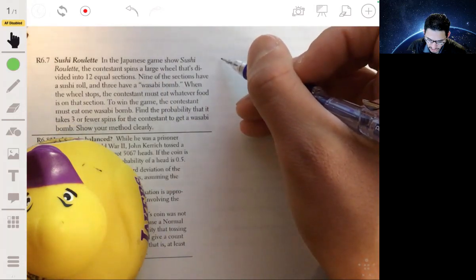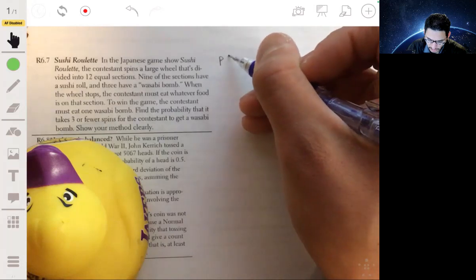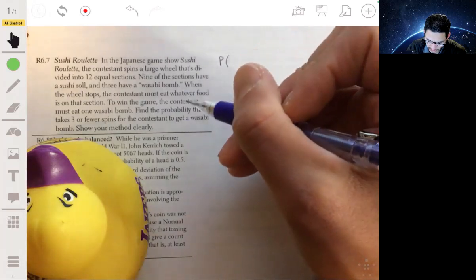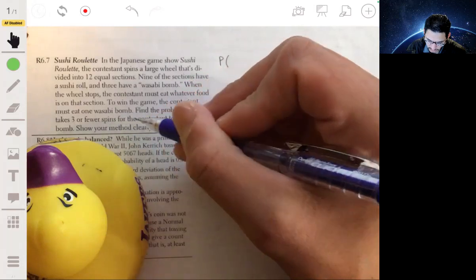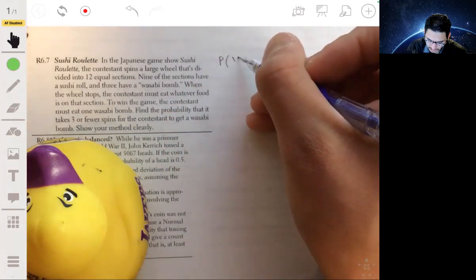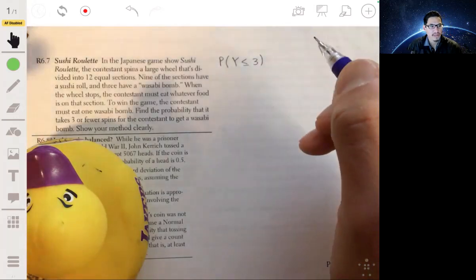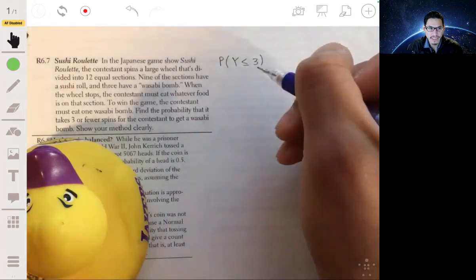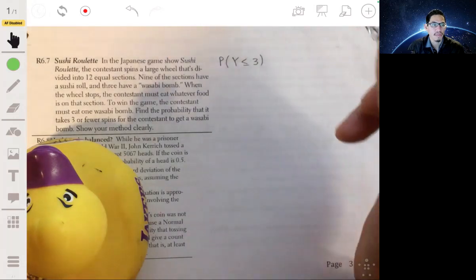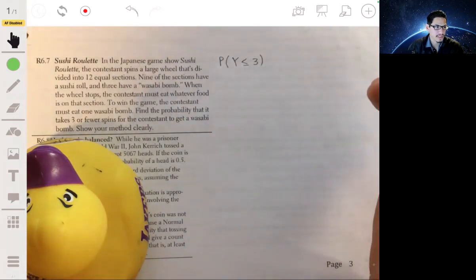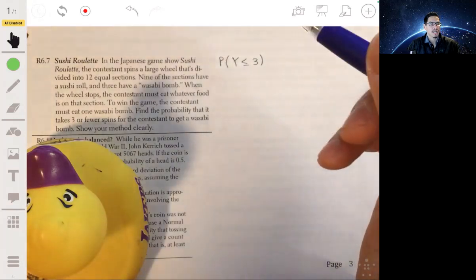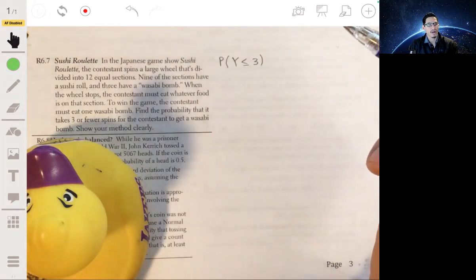Okay, so essentially you want to find the probability that it will take 3 or fewer spins, or the probability that y is less than or equal to 3. So this is an example of a geometric probability distribution, because you're essentially looking at a situation where as soon as you get 1 success, the sequence stops.